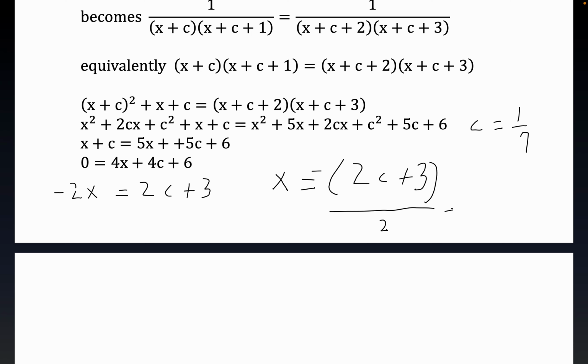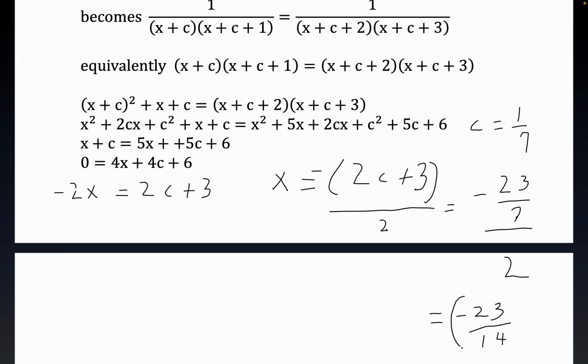That ends up being minus, 2/7 plus 3 is 2/7 plus 21/7, which is 23 over 7, divided by 2. And so our final answer here would be minus 23 over 14. Minus 23 over 14.